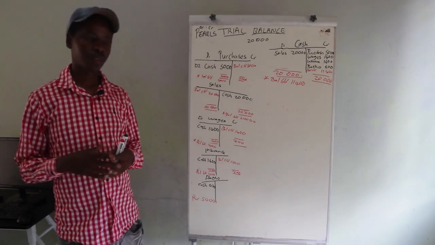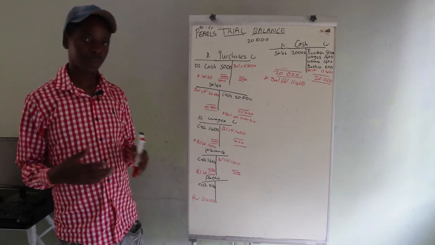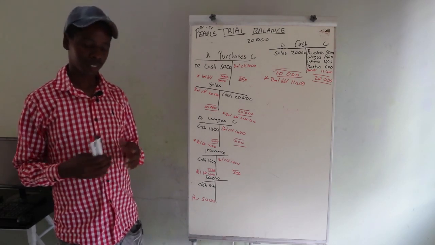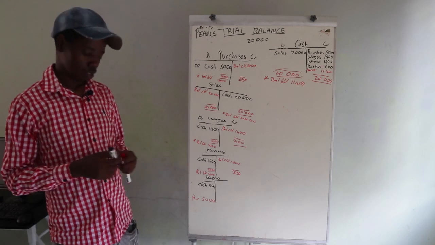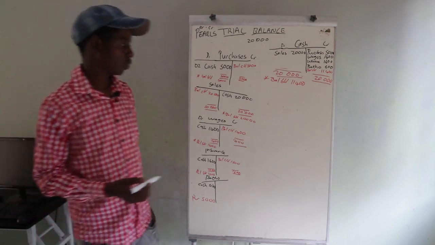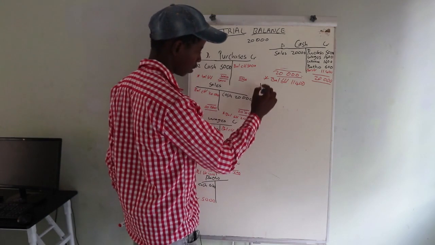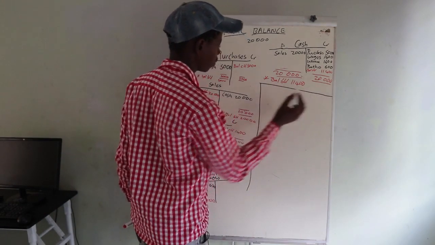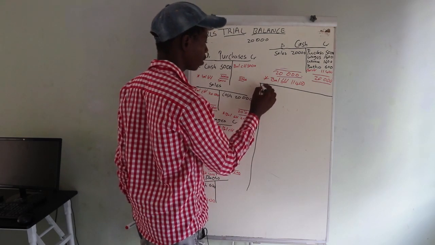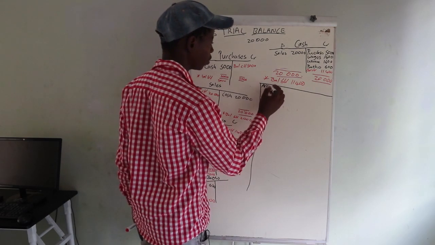Now we are done with balancing of our accounts. Now let's prepare our trial balance, right? So I'm going to make a table, right, like this. Here you can write accounts or details, right?